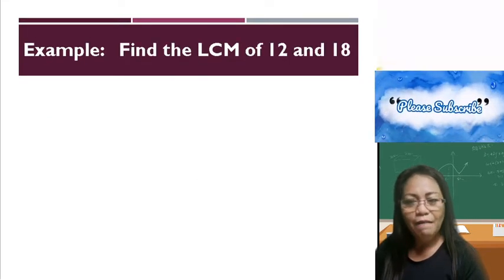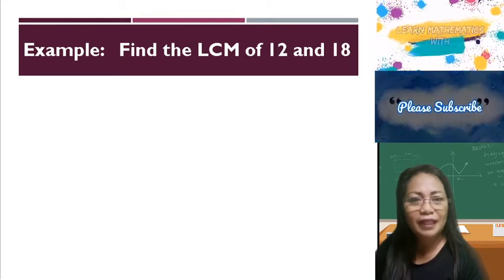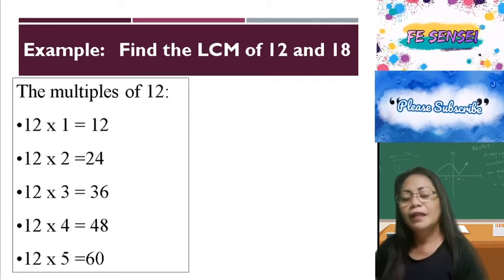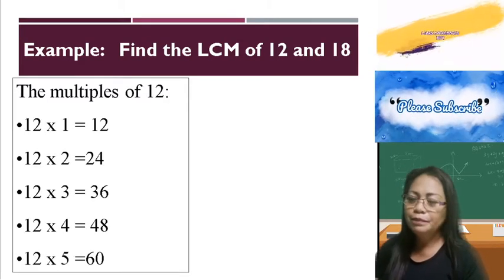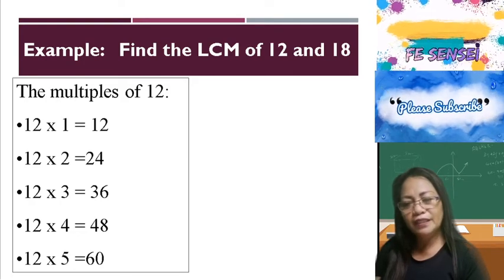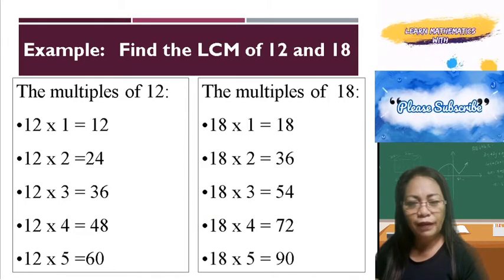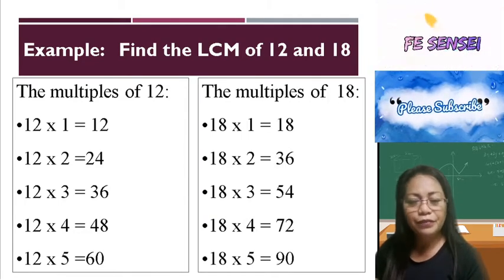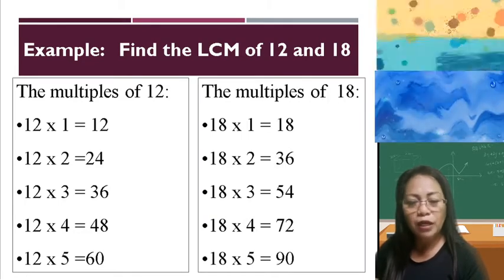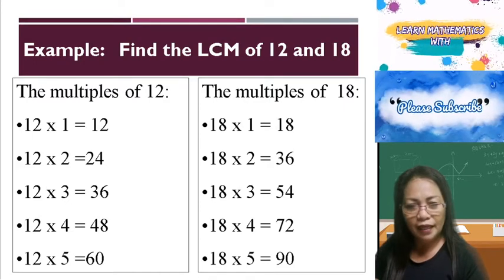Let's try. Find the LCM of 12 and 18. Multiples of 12: 12, 24, 36, 48, and 60. And multiples of 18: 18, 36, 54, 72, 90.